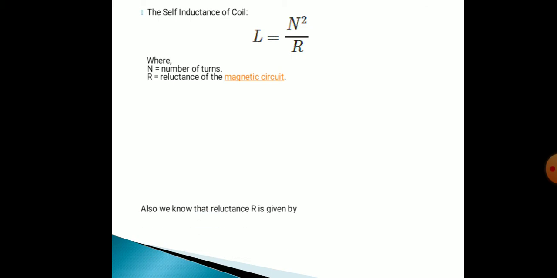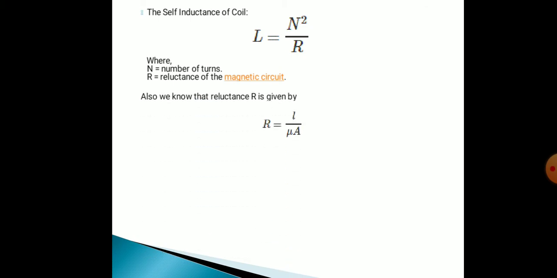Given that the self-inductance of a coil is L equals N square by R, where N is the number of turns and R is the reluctance of the magnetic circuit. The R is given as R equals l by mu A. When we put the formula of R in the above equation of L, we get L equals N square mu A by l.